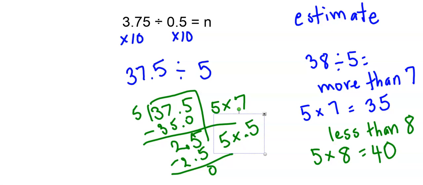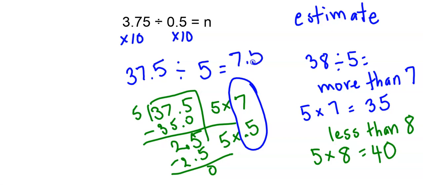So how many times did I multiply 5 times? Get my pen back out. So 7 and 5/10. So that means 37 and 5/10 divided by 5 equals 7 and 5/10.